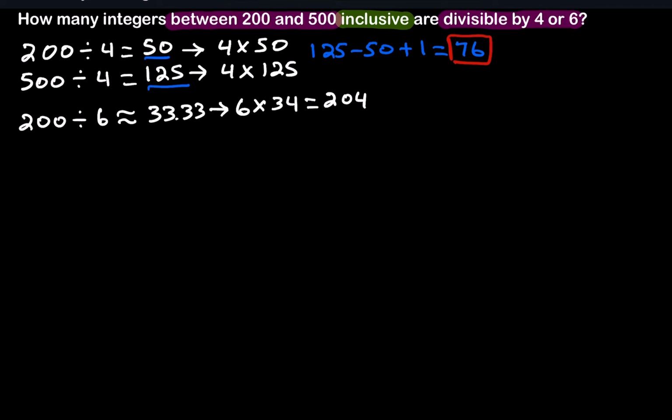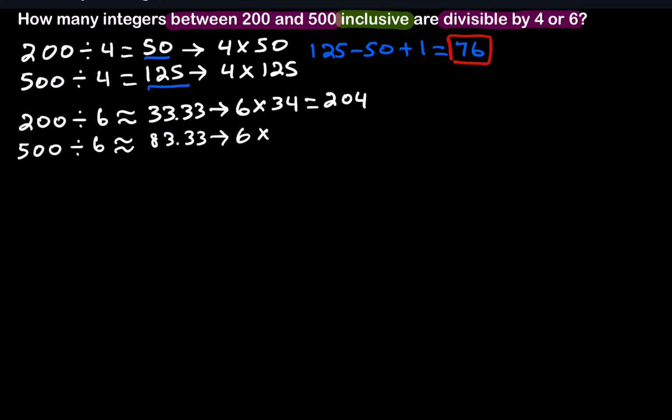We're going to do the same thing with 500 divided by 6. And this is approximately 83.33. Six times... In this case, be careful with this one.